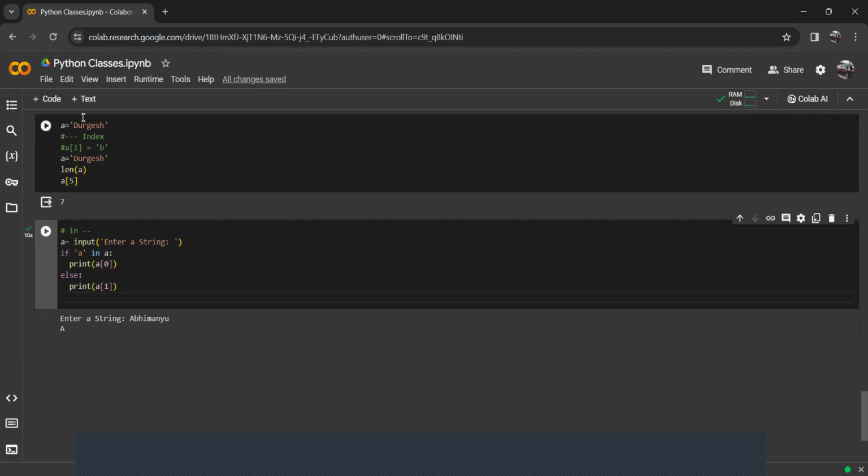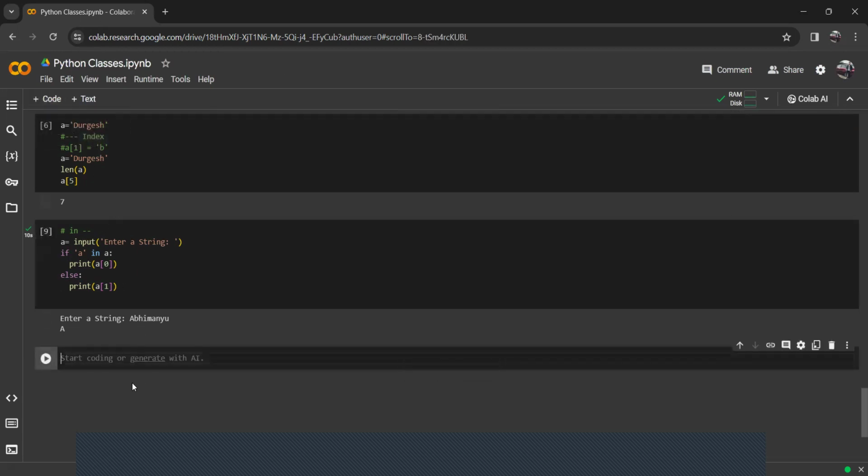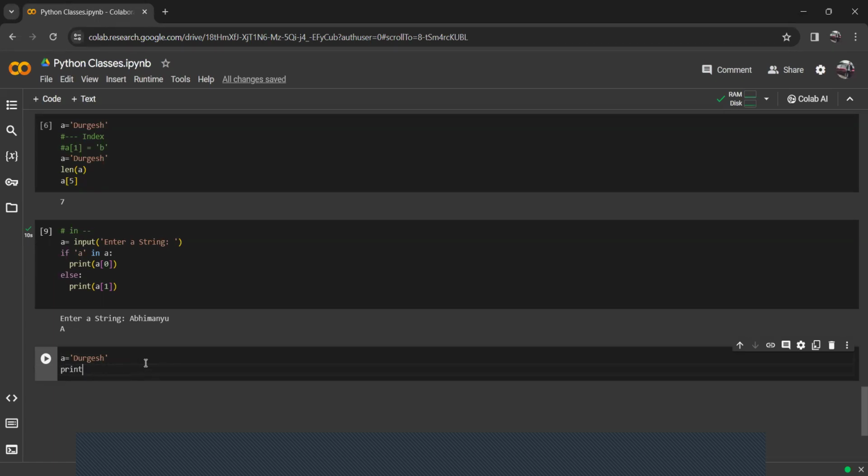Now we'll see one more method. So I will write A equal to Durgesh. And this time I will write print A dot index of R. Tell me what will be the output.